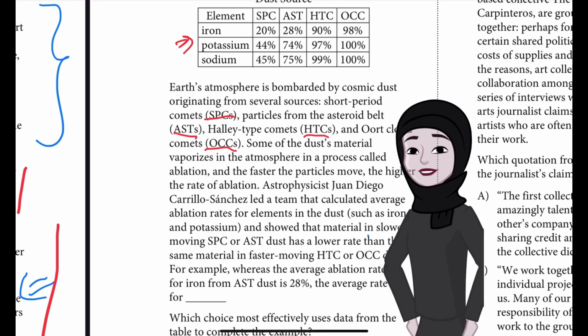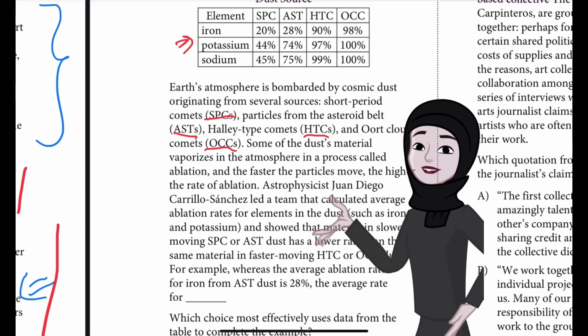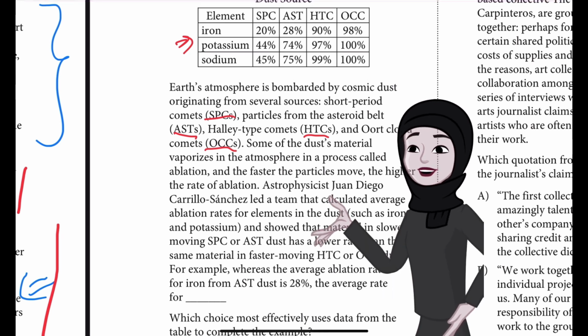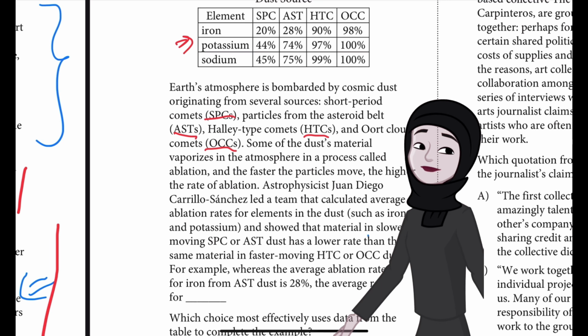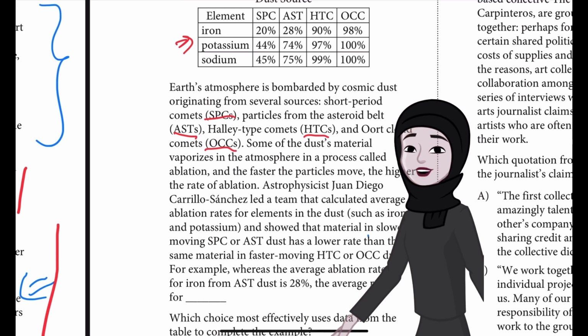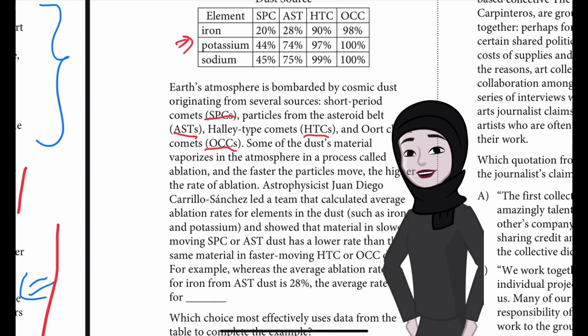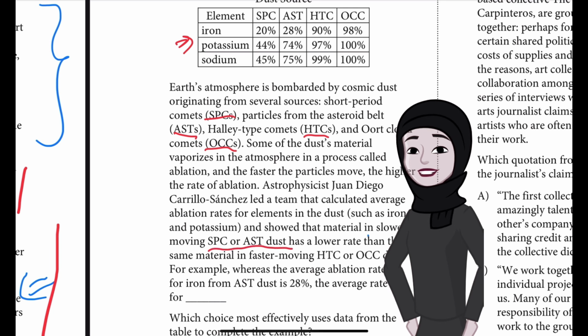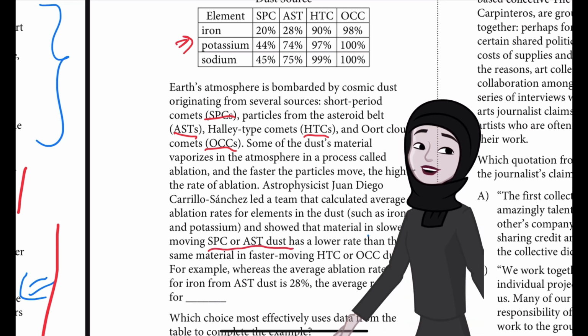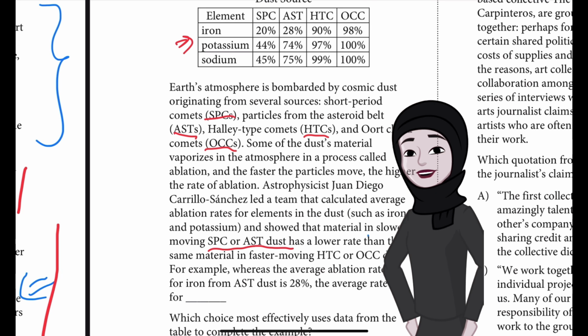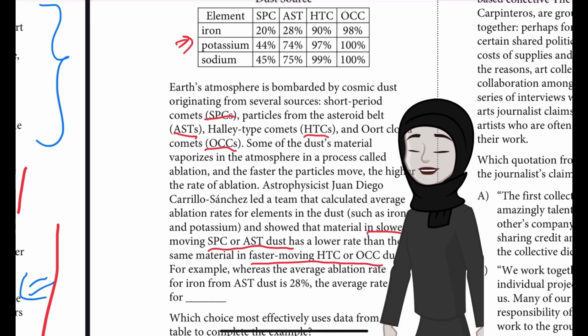Astrophysicist Juan Diego Carrillo-Sánchez led a team that calculated average ablation rates for elements in the dust such as iron and potassium, and showed that material in slower moving SPC or AST dust has a lower rate than the same material in faster moving HTC or OCC dust.